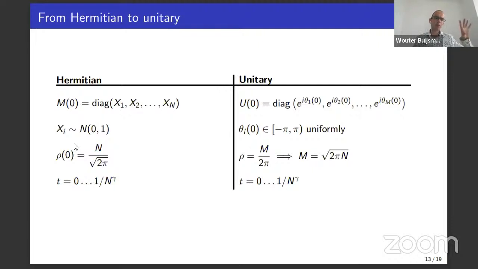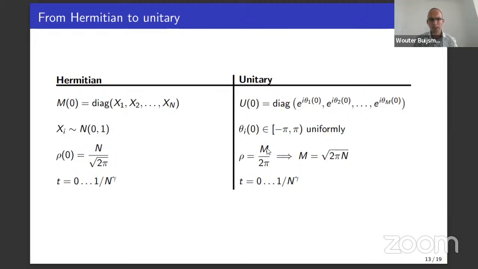Everything I said up to now for the Hermitian Rosenzweig-Porter random matrix ensemble applies to the middle of the spectrum. And then you can show that, because these elements are Gaussian distributed, and the addition of a small Gaussian orthogonal ensemble matrix does not influence the density of states, the density of states in the middle of the spectrum is n over square root of 2 pi. Here we have m elements, so the density of states is equal to m over 2 pi.